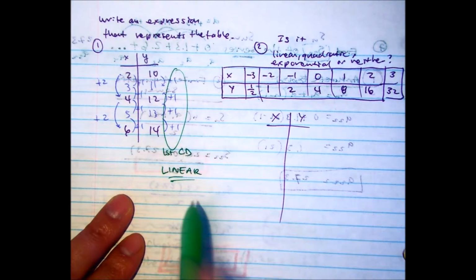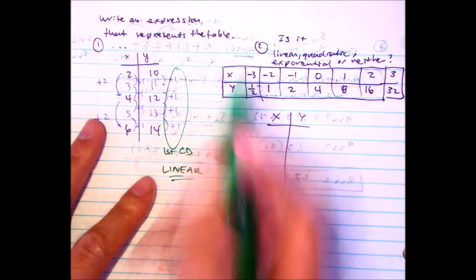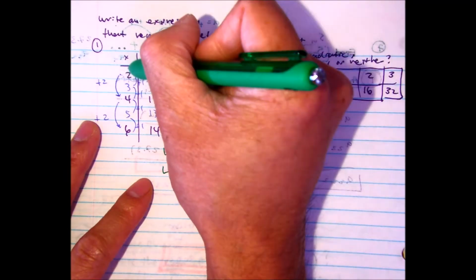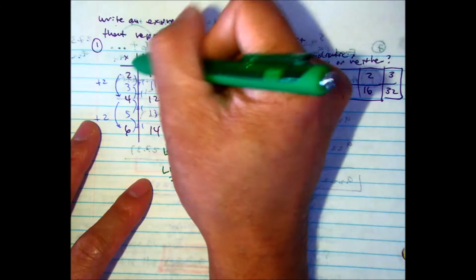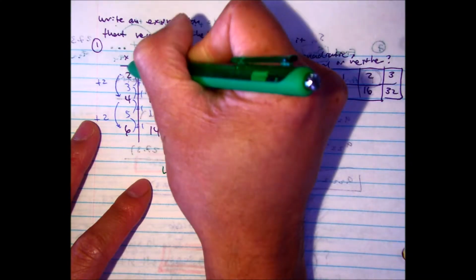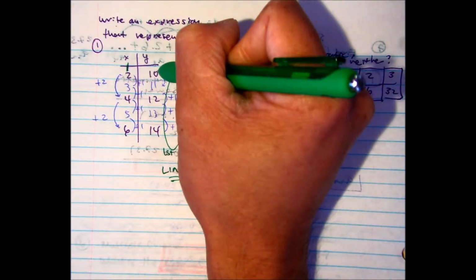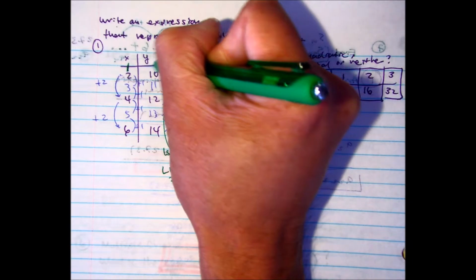Now, that's not the answer because it says write an expression, right? So let's go backwards. What would our x coordinates be? If I went backwards, 1, and this would be 9.